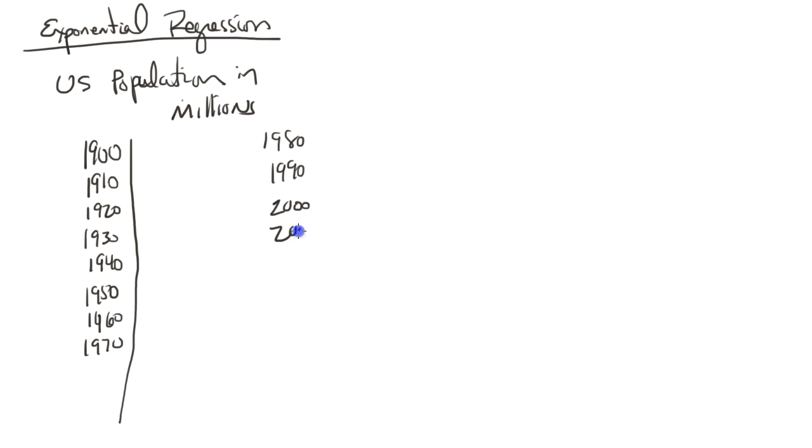And then they go to 2003, because your book was published in 2005. They had data up to 2003. Okay, so in 1900, it was 76.2 million.